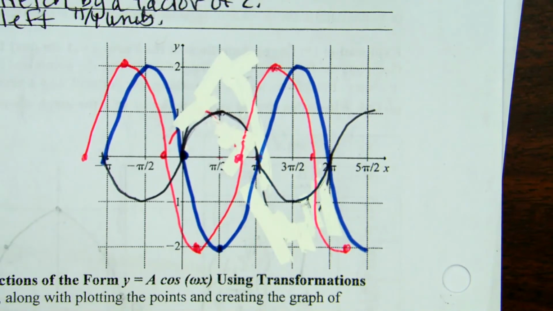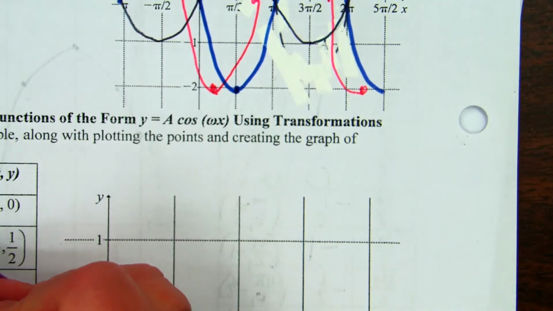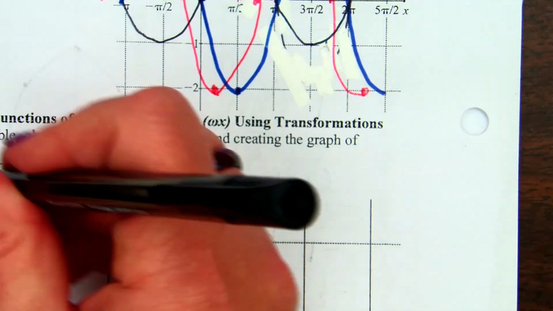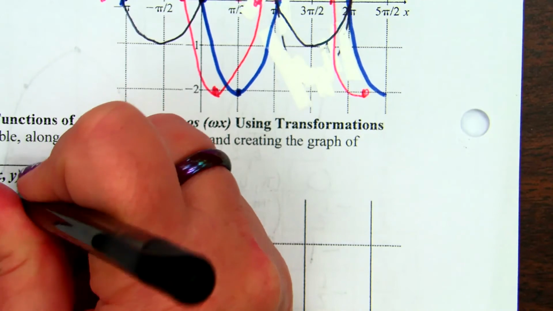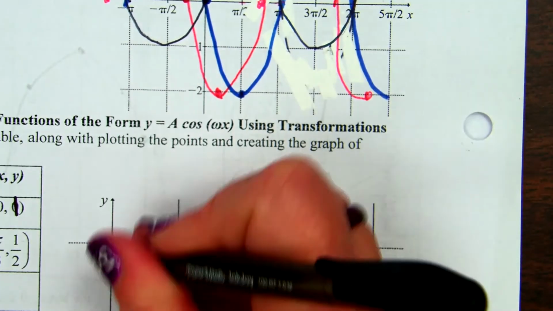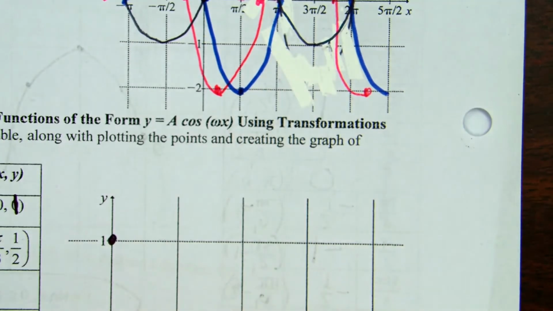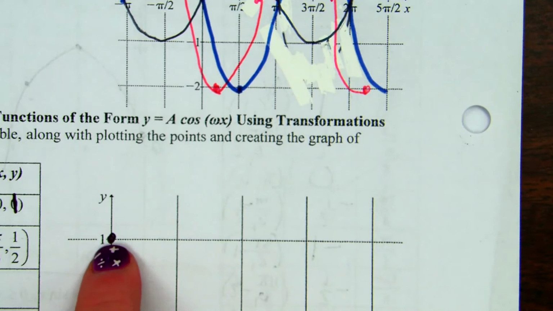Then they want to do cosine x, and cosine x is very similar to sine x. It says 0, 0, but that was a mistake. It's 0, 1, because the point is 1, 0. So it's at 0, 1. The angle is 0 and the cosine is 1.